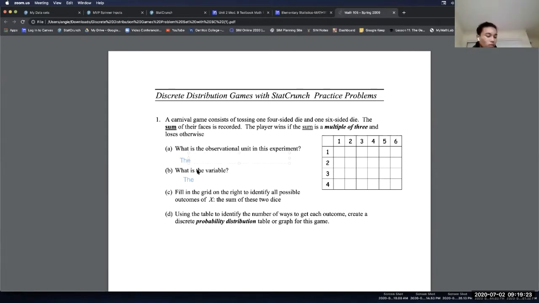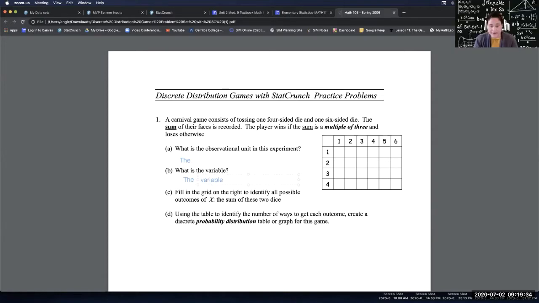Okay. And go with the other one. It's the variable. So the variable, what we're recording is the sum of the two dice. So that's the variable. I think a few of you got that one.